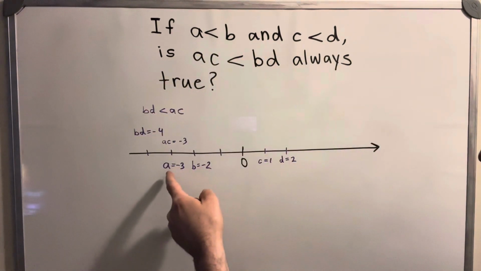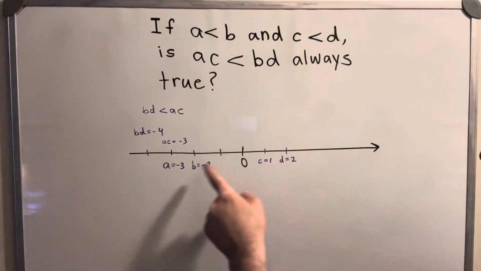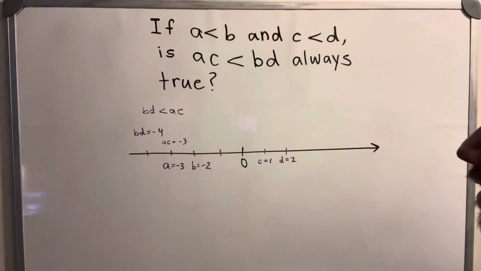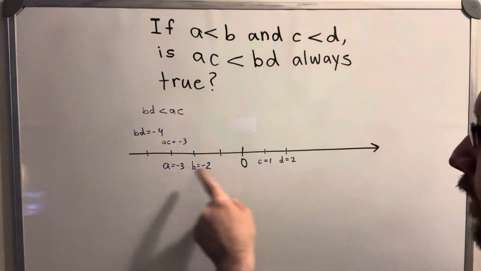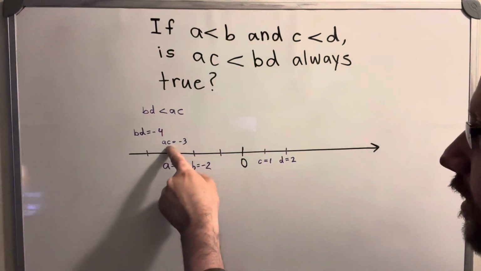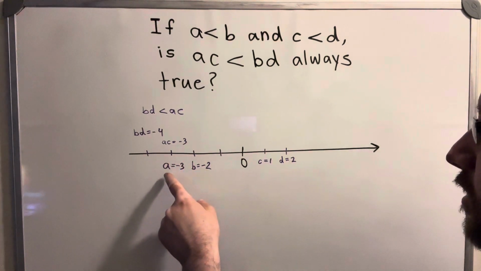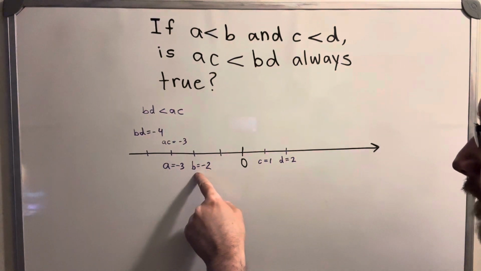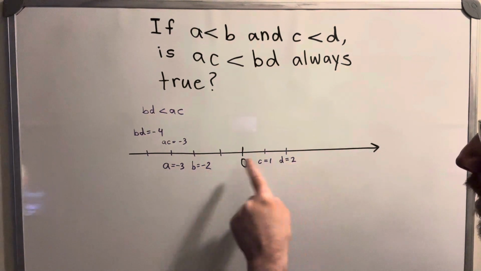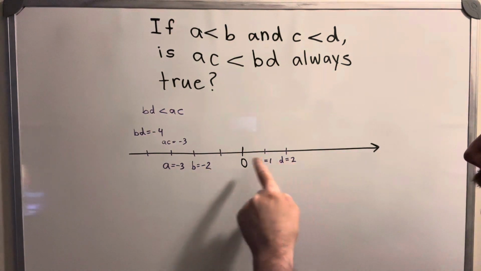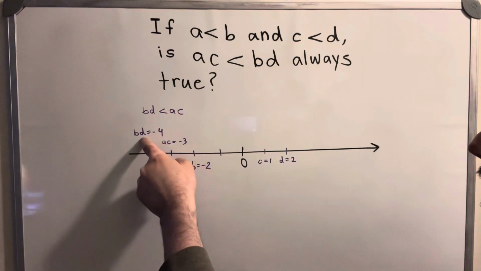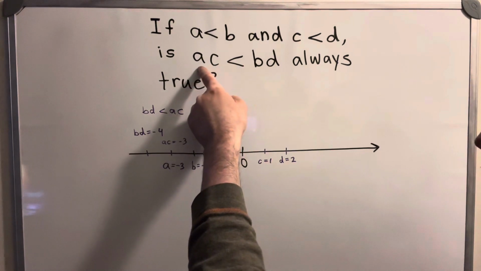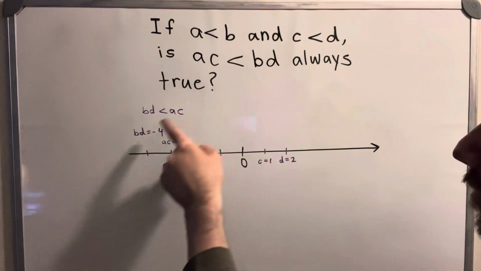But AC is -3 times 1, which is -3. Okay, so AC is -3. B is -2. D is 2. -2 times 2 is -4. So BD is -4. So look, AC is not less than BD.